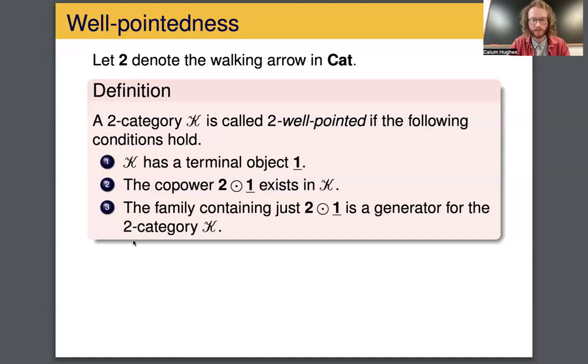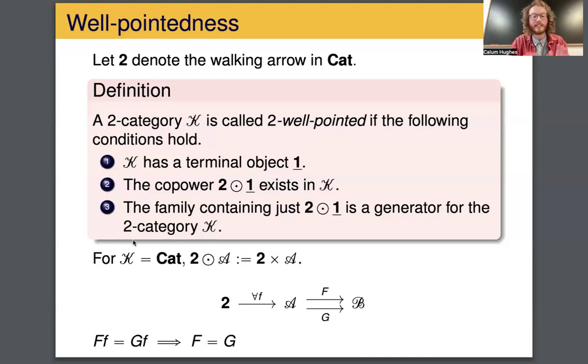So I'll explain. It's easy to explain this if K equals Cat, and maybe that will help clarify these definitions. If K is Cat, then the co-power of 2 with any object of Cat is just the Cartesian product.